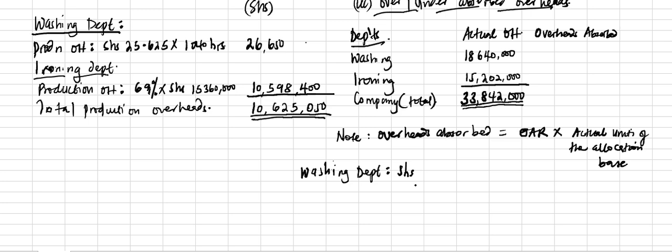That is our rate, 25.625 times the actual units of the allocation base. Do we have the actual machine hours in that department? Let's try to find out.